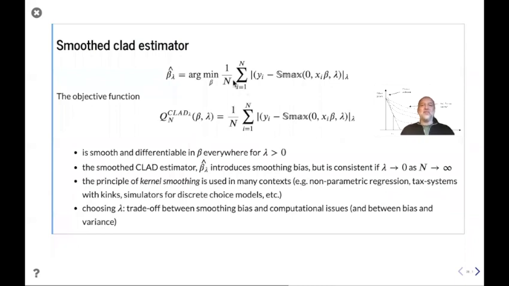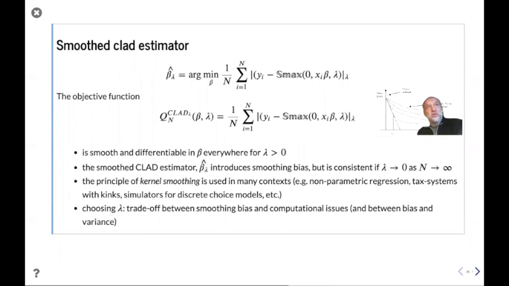So instead of minimizing the original objective function, we are just minimizing the smooth version of it. Now, this is nice because it's smooth and differentiable everywhere for lambda greater than 0. It introduces some bias, but that bias is going to disappear as lambda goes to 0, right? Because then you revert to the original problem.